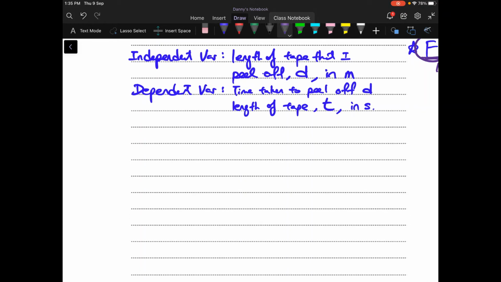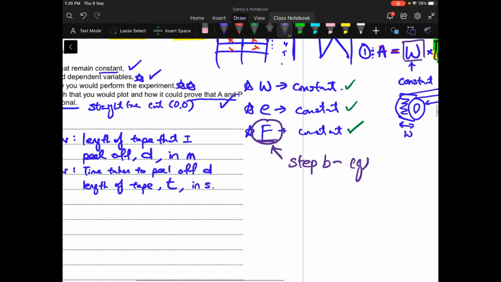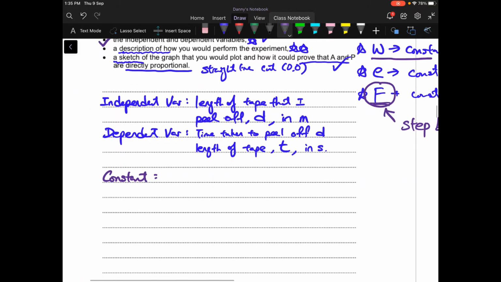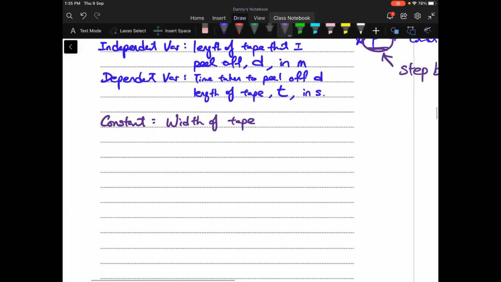Then I would want to get my points for my constants. Just looking at this, I would know that I need to keep the width of my tape constant. Then after that, I want to keep the extension and the force constant, meaning that the type of spring I'm using should be the same.